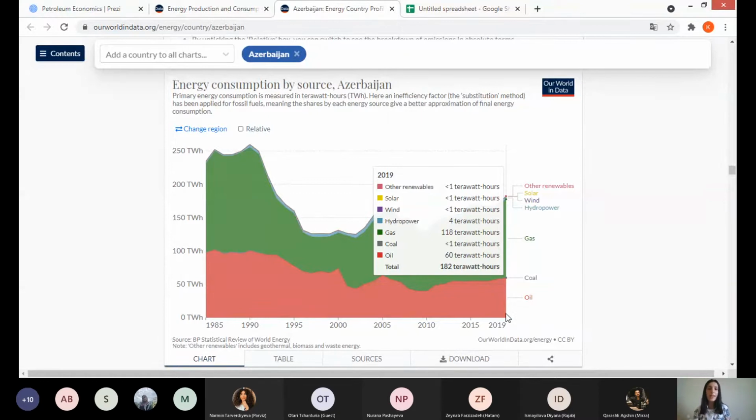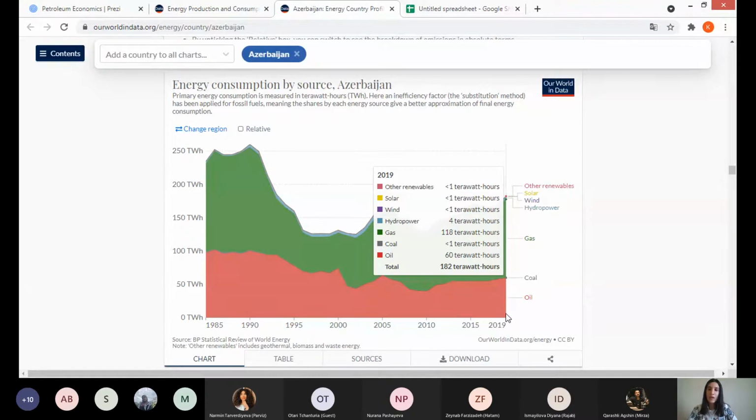In our case, gas is a leader for energy consumption. Then oil follows gas. Renewable energies are not too much, but hydropower is a leader, 4 terawatt hours. So this is the proof that petroleum is really important in Azerbaijan because we use it a lot.